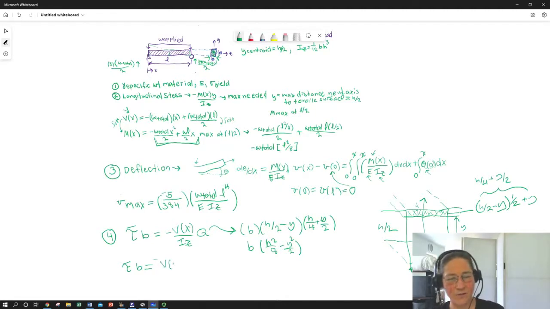Signs are less important from a design standpoint. We're going to be going for what is the maximum magnitude. We're less concerned with what direction it's going in, so this negative is less important from our standpoint. So we're going to end up with our b times h squared over 8 minus y squared over 2.